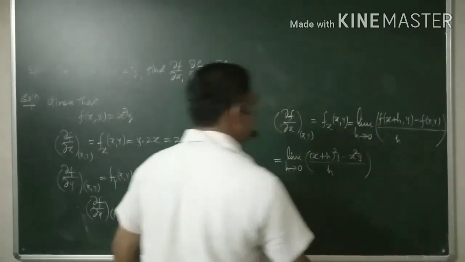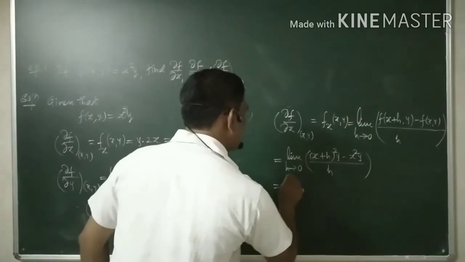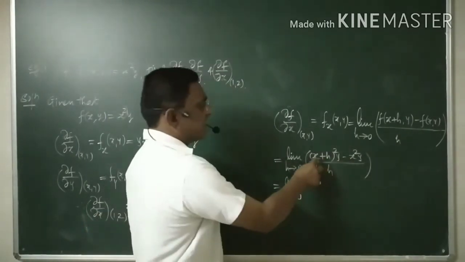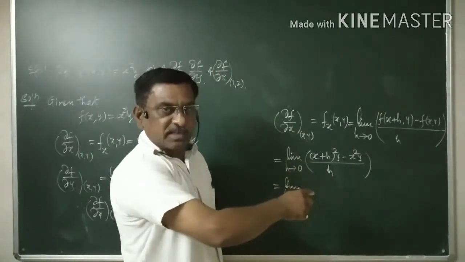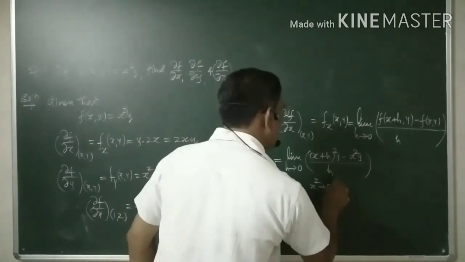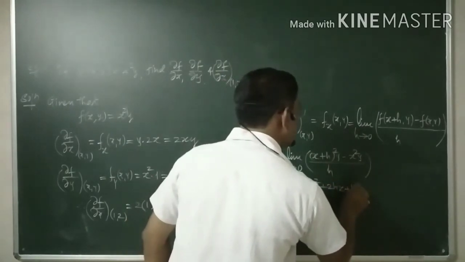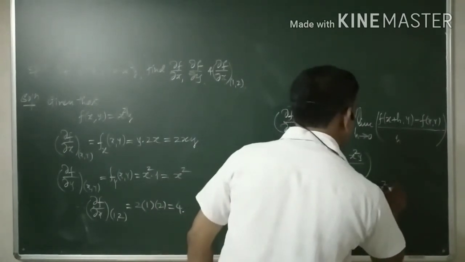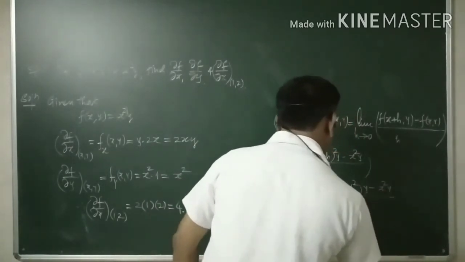Now here this is equal to the limit h tends to 0. You can expand it by using the expansion formula. What you have is (x² + 2hx + h²) into y minus x²y, divided by h.